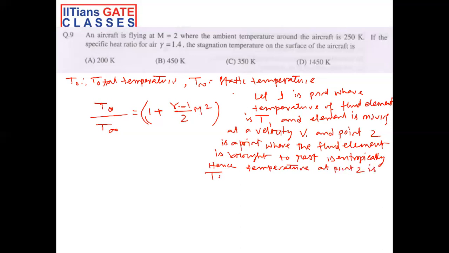is T naught. Now if we apply the energy conservation rule, so total energy at point 2 is Cp T naught, and total energy at point 1 will be Cp T, which is the internal energy of the element, plus the kinetic energy of the fluid element, which is half v square, right?